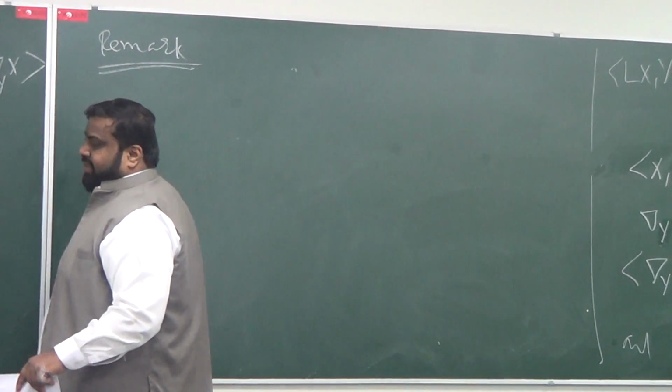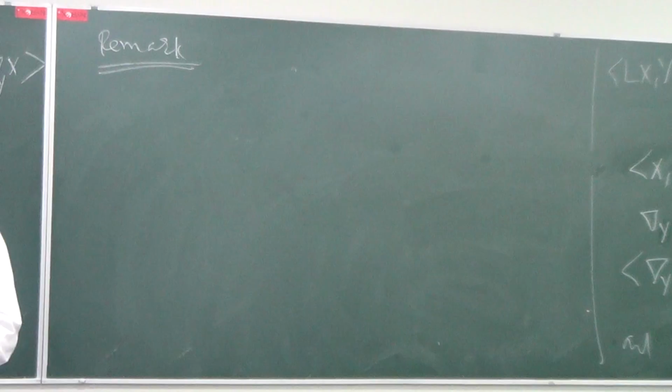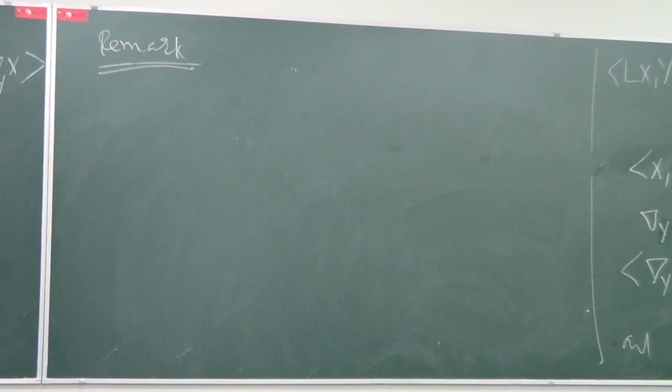What is the first theorem that you remember about the self-adjoint operators from your functional analysis course? Any theorem? So if an operator is self-adjoint, then all eigenvalues are real. Okay? All eigenvalues must be real. That's the first thing that we proved.